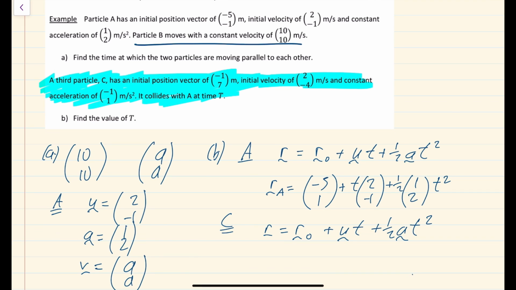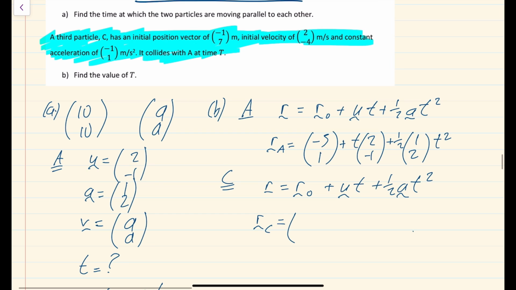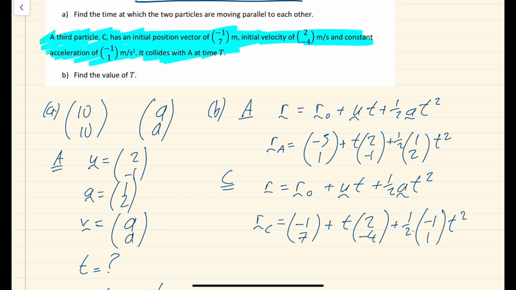And remember, all these things are different for the C. So for r_C, its initial position vector is (-1, 7). Its initial velocity, so t times the initial velocity is (2, -4), and a half times your acceleration, which is (-1, 1), times your t squared.